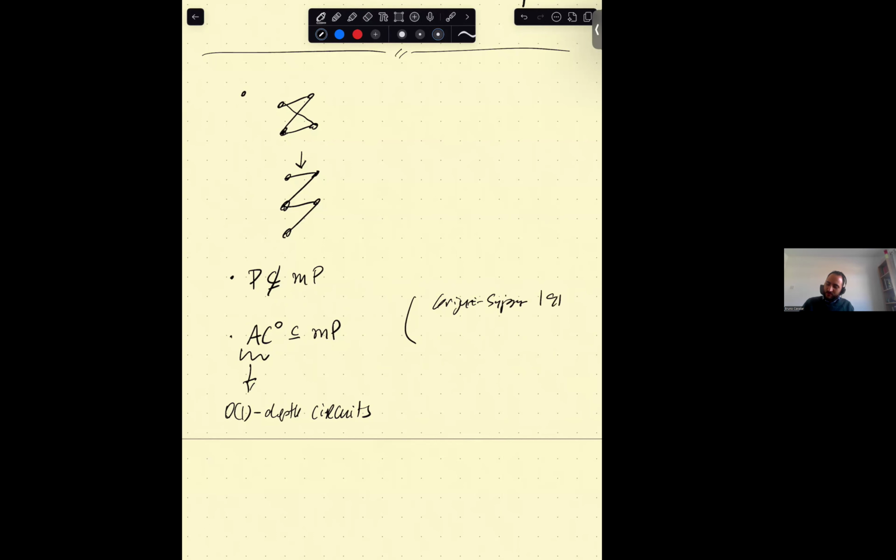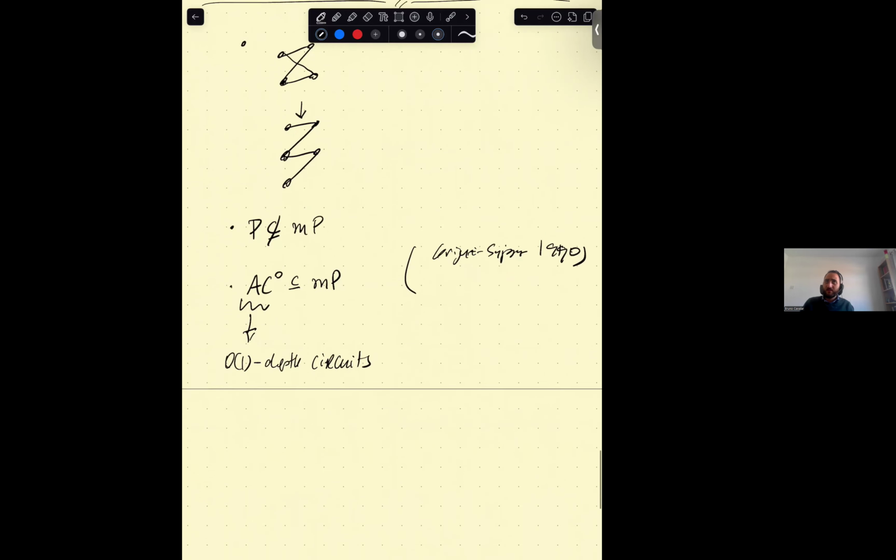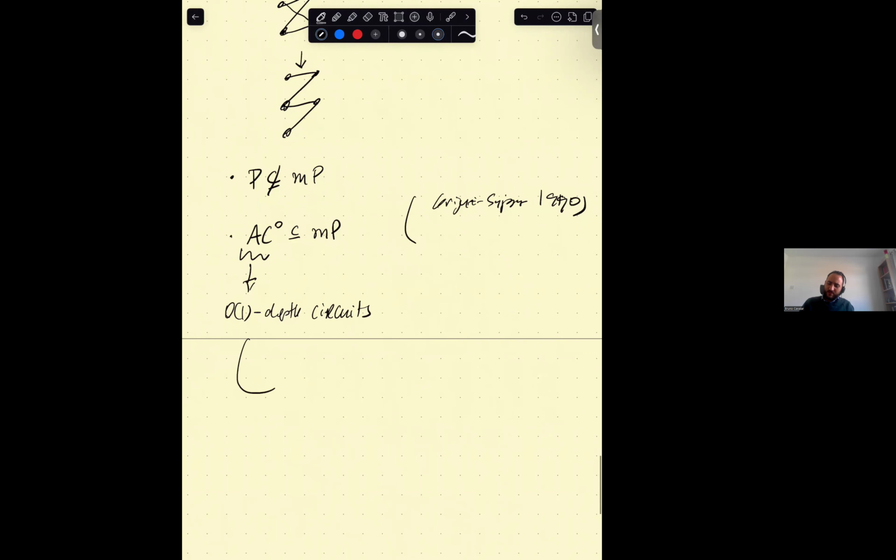in 1990. You could think that this is not very helpful because we already have AC0 lower bounds, but a nice observation is that if this is true, then NC2 is not equal to NC1.